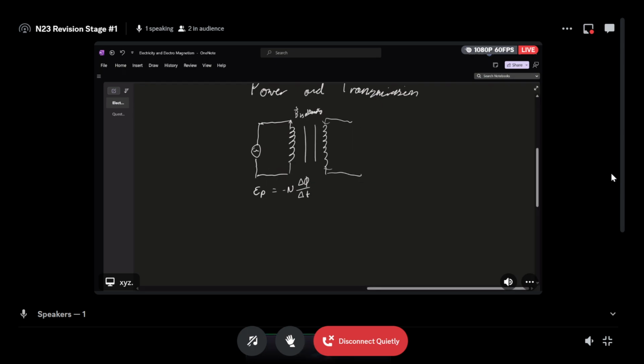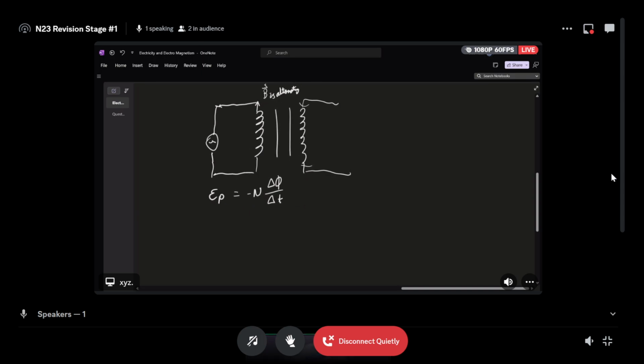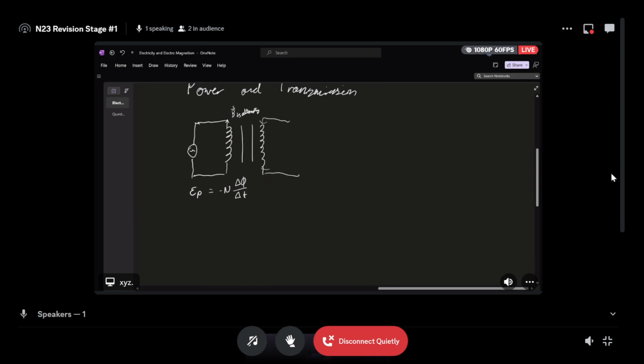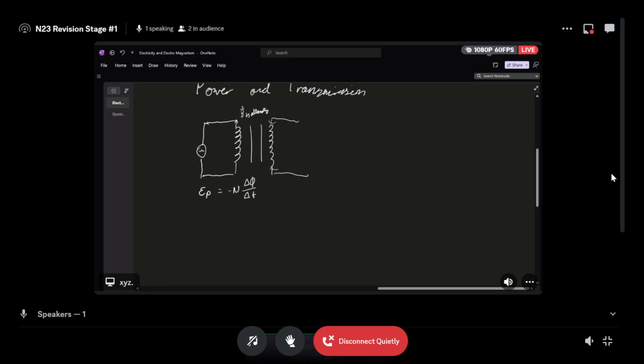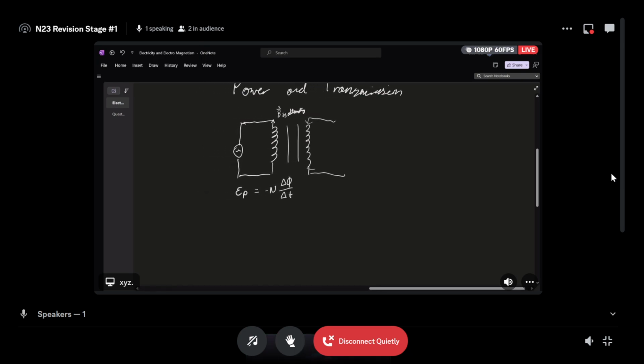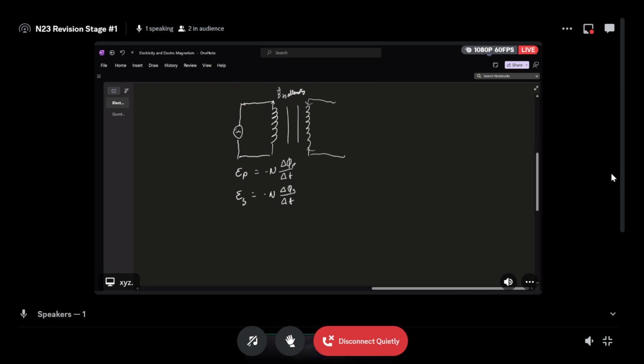That's just applying Lenz's law. And in the second coil, you'll have E secondary is equal to minus N delta psi over delta T. And these phi's are relative. So this is primary coil, this is secondary coil.